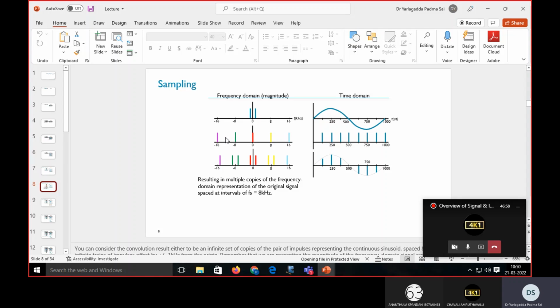According to the convolution property, wherever your impulse exists, at that time you will get your original signal. Here, this is my original signal, and I am convolving it with an impulse existing at 0. So I got my spectrum here. Similarly, I am convolving at this place, and I got the same.